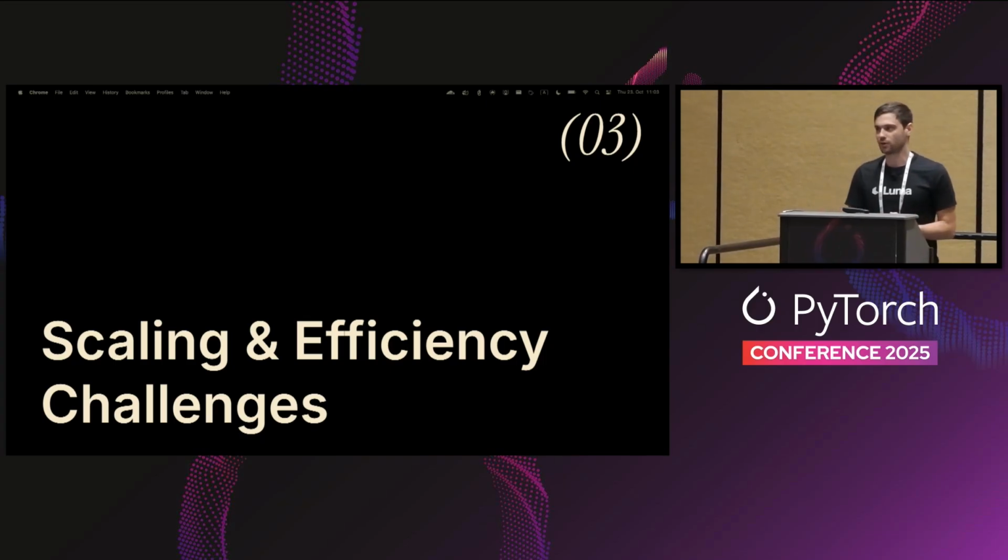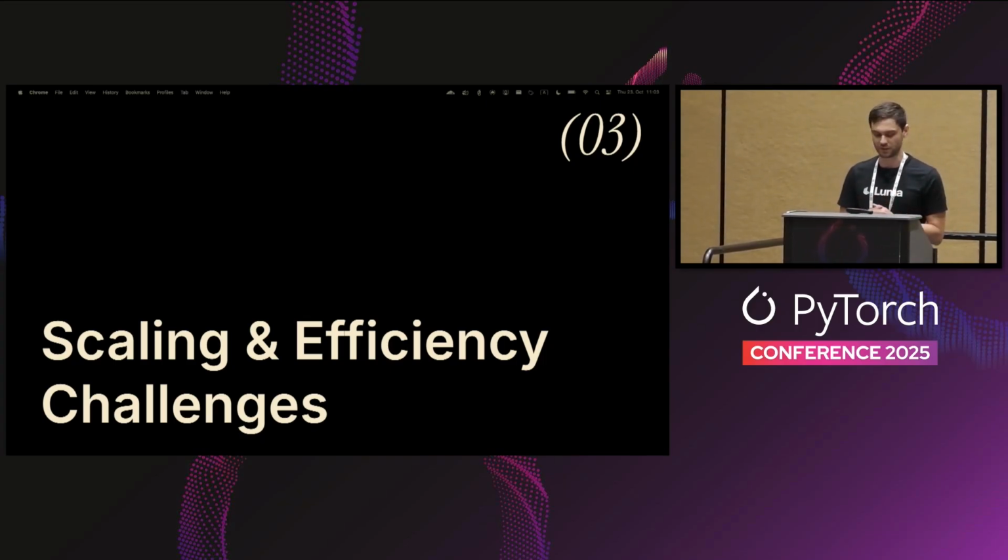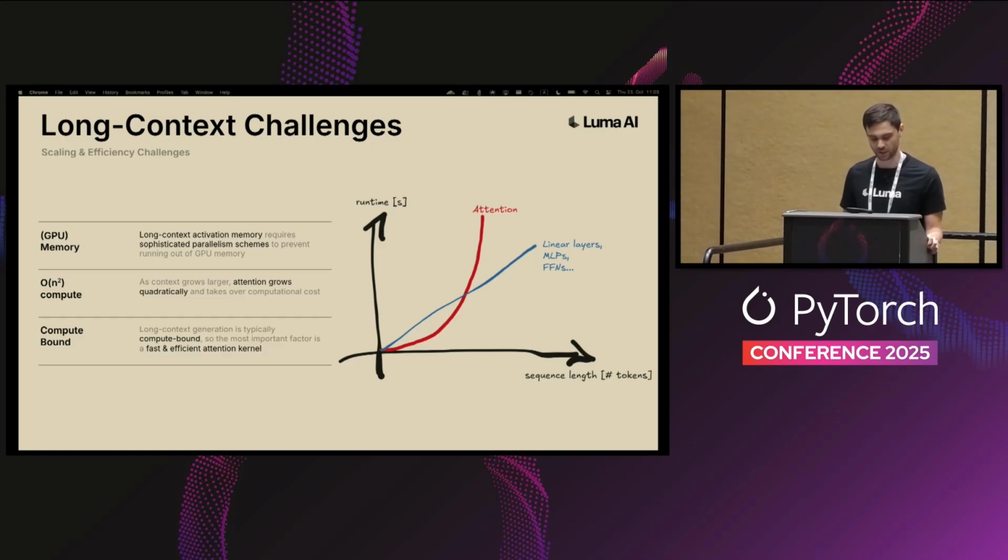Now I want to go briefly over some of the challenges that we face in all of these different modalities in terms of scaling and efficiency before diving into some of the concrete PyTorch examples on how we do certain things. For long context, like videos, challenges are usually things like GPU memory, quadratic compute of attention, and things often being very much compute bound.